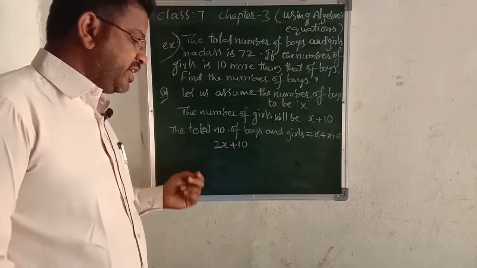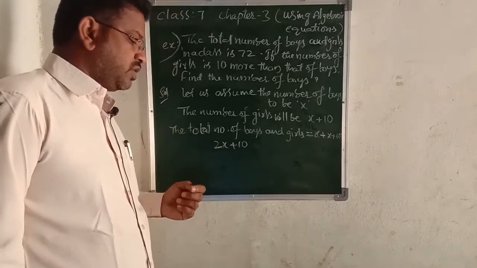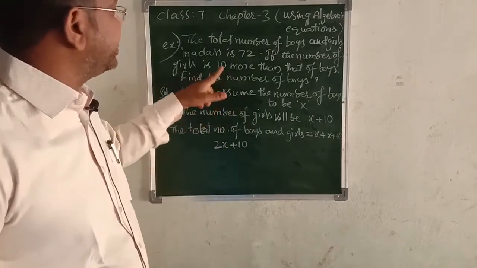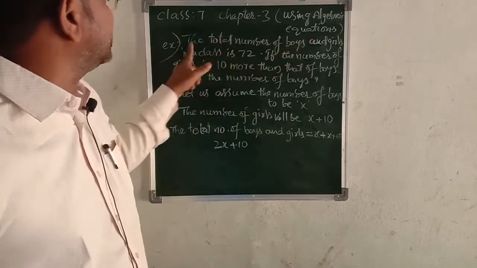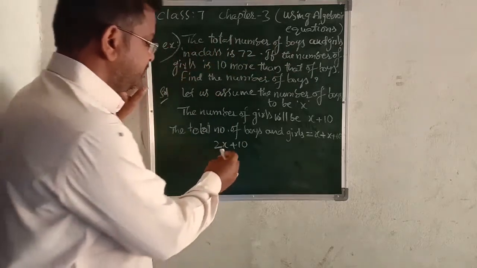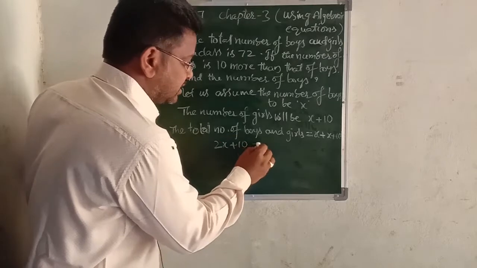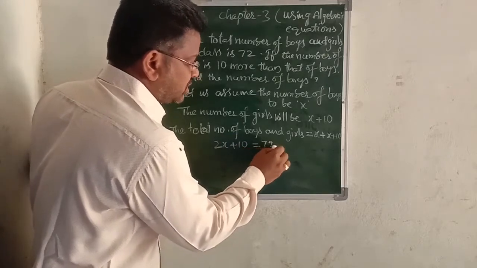According to the problem, the total number of boys and girls is 72. So this is equal to 72.